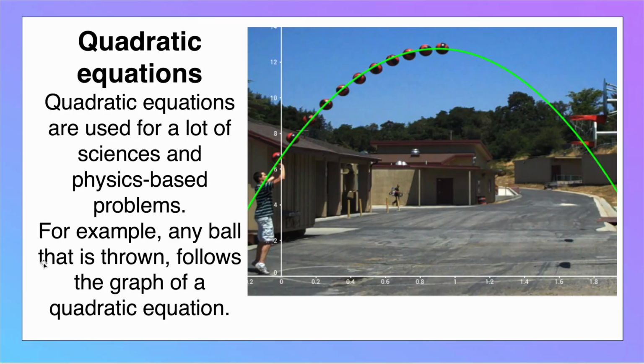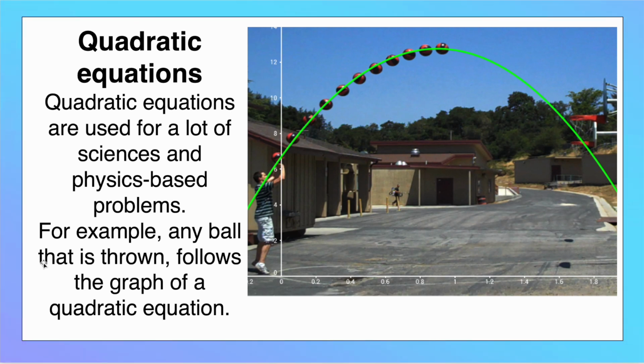The first thing to understand about quadratic graphs and quadratic equations is that they follow real-life principles. They're used a lot in sciences and physics-based problems because they follow gravity and the flow of energy and force.